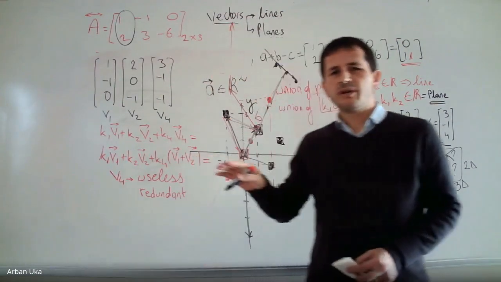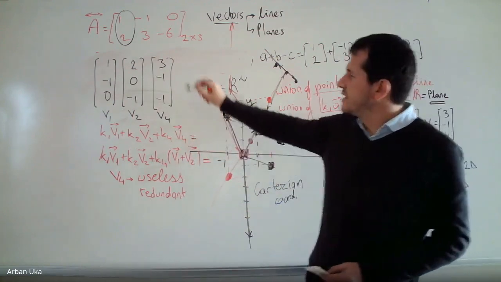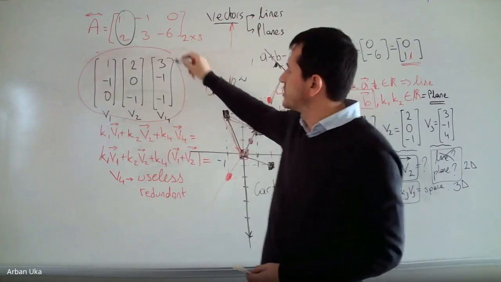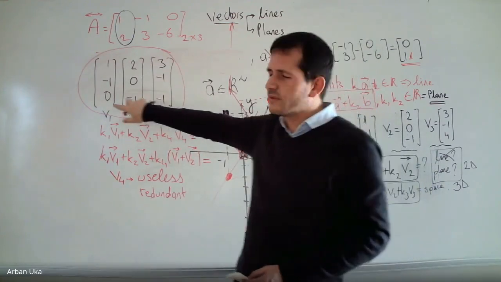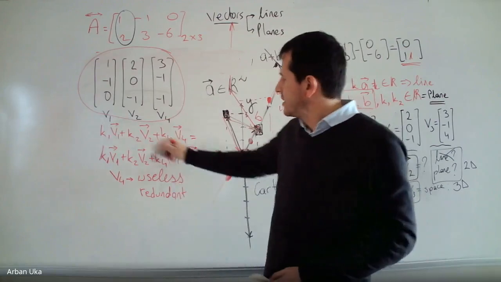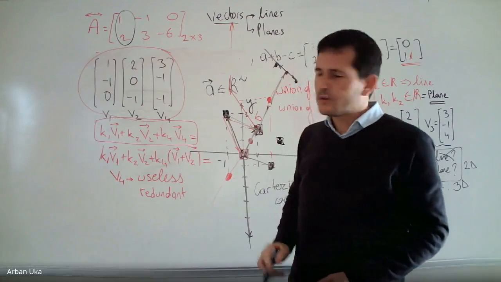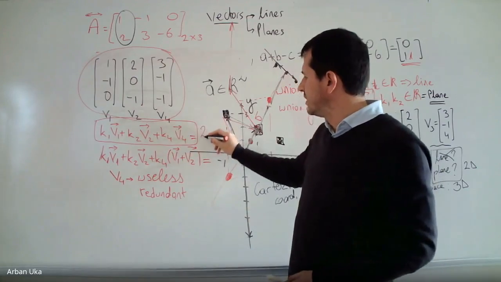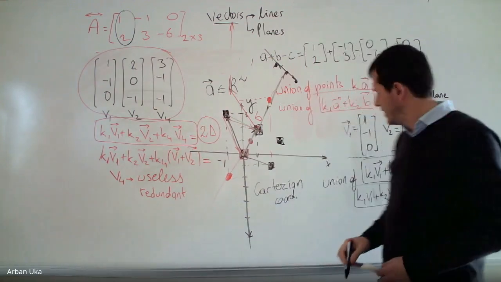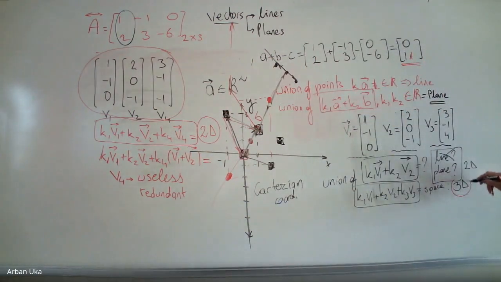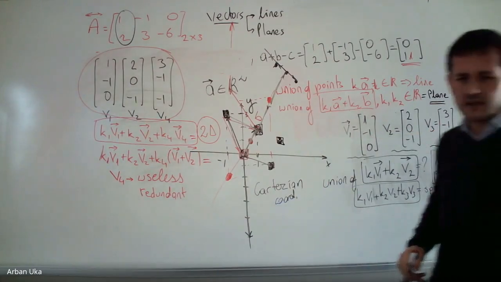We already had V1 and V2, which means that the possibility of these three vectors spanning the three-dimensional space was there, but since V4 can be described as a function of these two, it does not describe 3D, but only a plane, a two-dimensional structure. So here we can simply write that this is still 2D. But this one was 3D, because V1, V2, and V3 are linearly independent of each other.